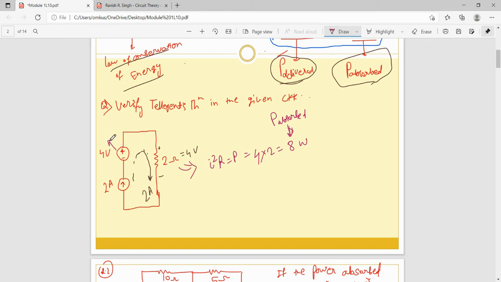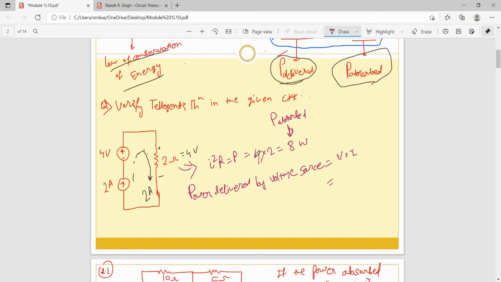Power delivered by the voltage source is equal to voltage into current, VI, because this is a resistive network and DC network, so the power factor here is 1. Now put in the values and get the answer.